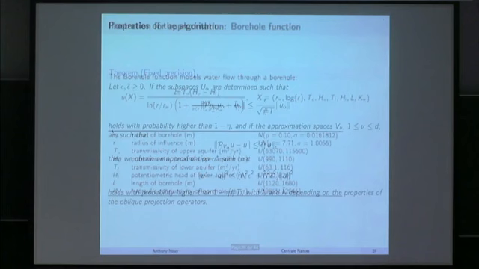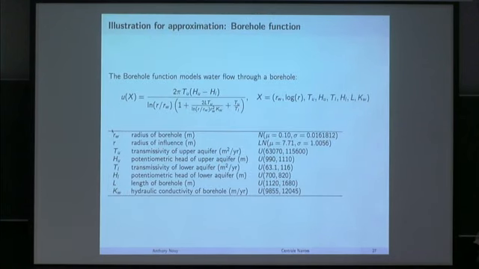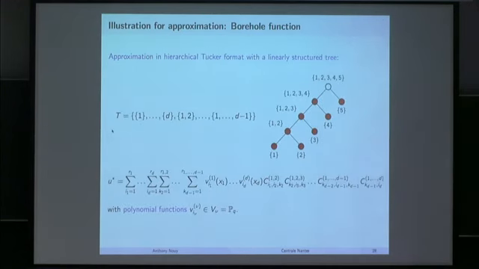Okay, well, so an example here: the borehole function, which is a function of 8 random variables that models the flow through a borehole. So here you see the probability law of the 8 variables. Here I use a format associated with a linearly structured tree. So the rank is imposed for all the nodes that you see here. It gives you a format which is like this, not so important.